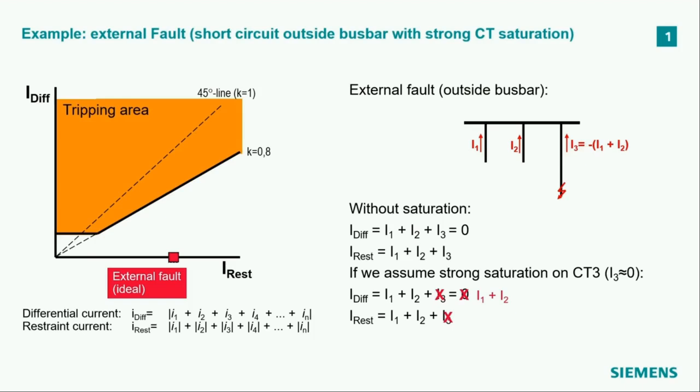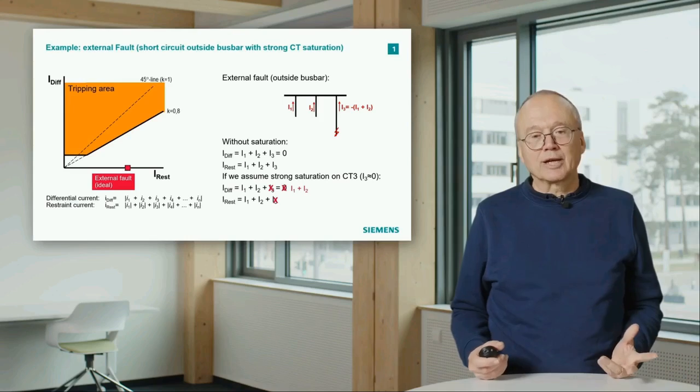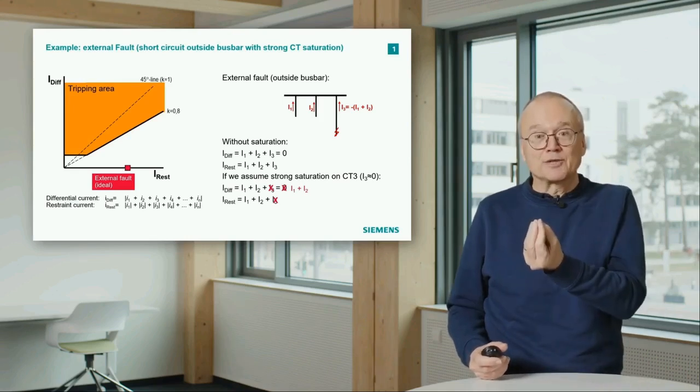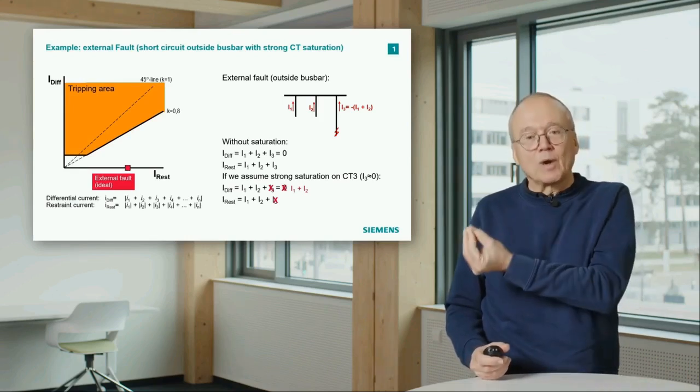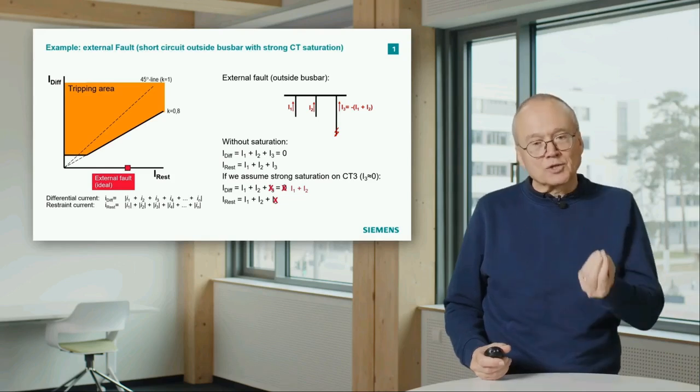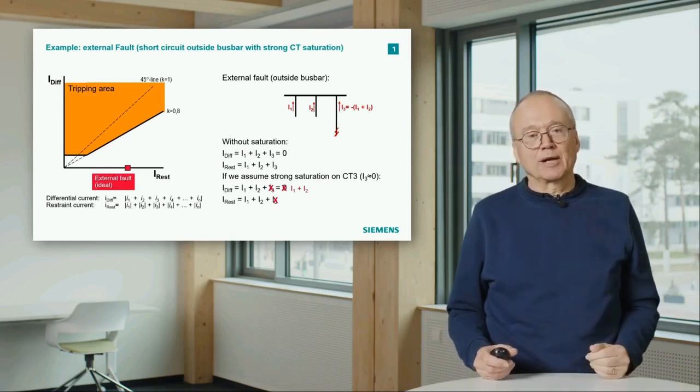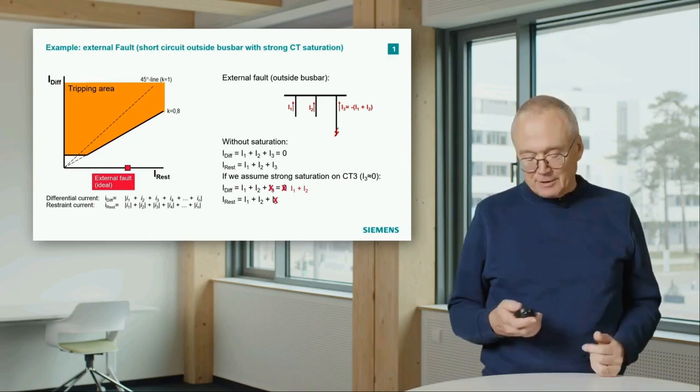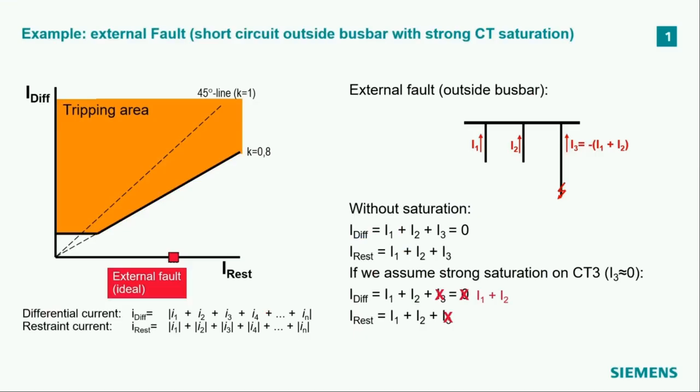Then the differential current, because now I3 is missing, is only I1 plus I2. Also the restraint current is I1 plus I2. And that means our operating point now moves from here up into the tripping area based on this saturation effect. And that, of course, is the thing which has to be avoided.